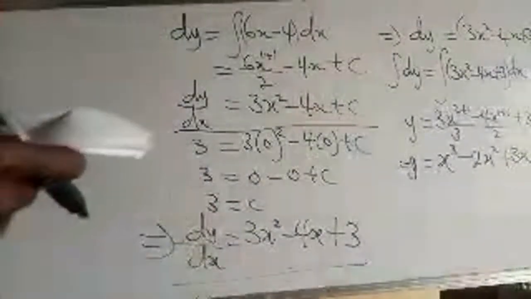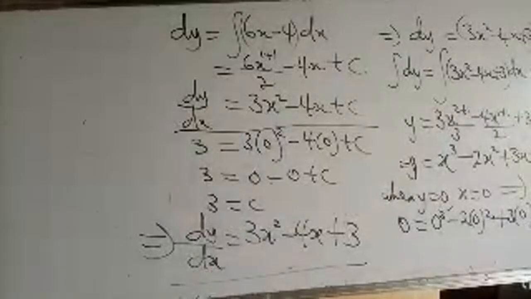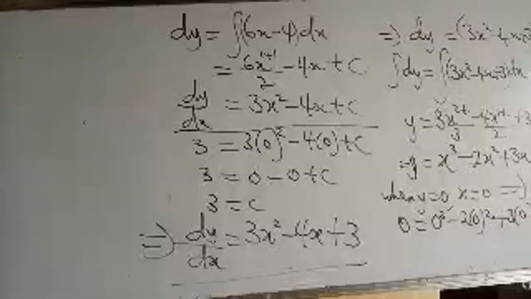Yes. And the question says, when y is equal to 0, x equals 0. Now putting x to be 0 when y equals 0, gives 0 equals 0 raised to power 3 minus 2 times 0 raised to power 2 plus 3 multiplied by 0 plus d. Please, are we following? Can we see that? Okay. So the next thing now is to get what d stands for.